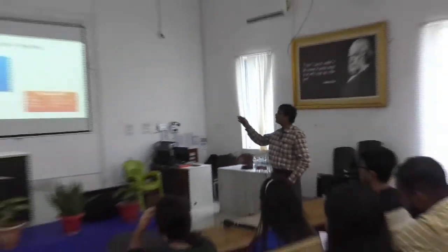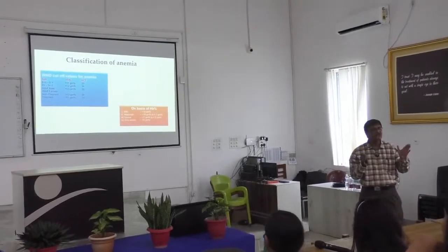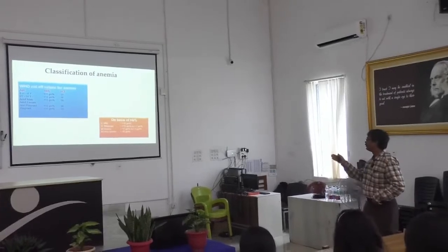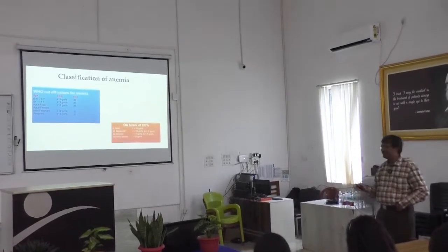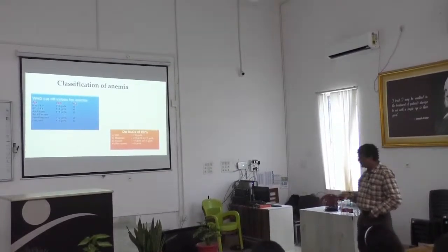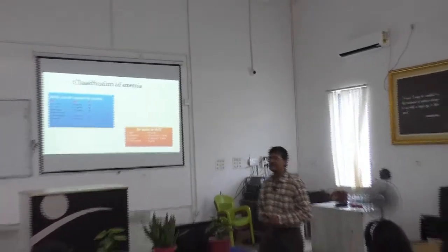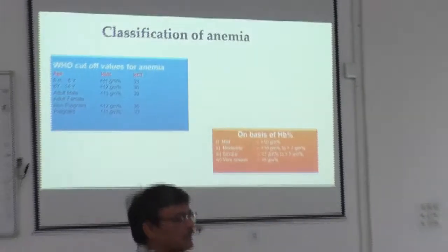Between 6 years to 14 years it will be 10 to 12. Like this, that window will be for mild anemia, right. So, moderate anemia would be 7 to 10, and 5 to 7 is severe, and very severe is less than 5. So, that is how you categorize anemia according to the hemoglobin concentration.